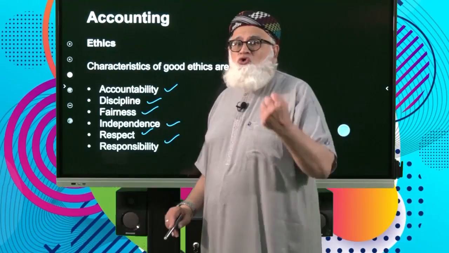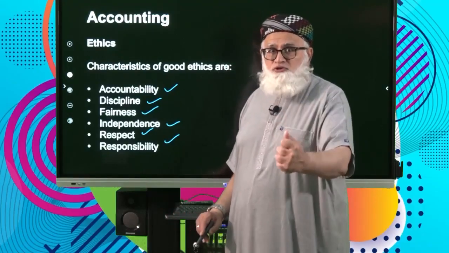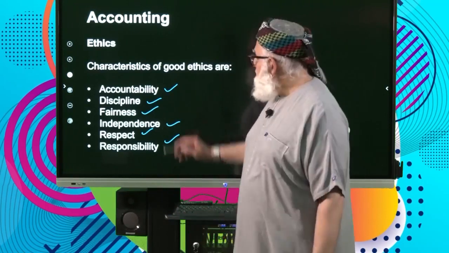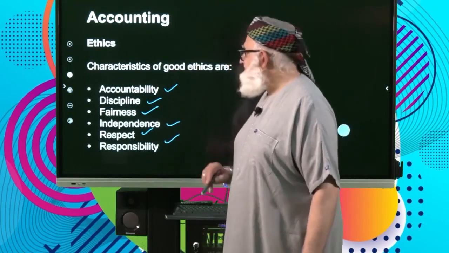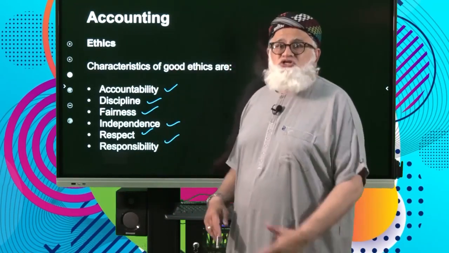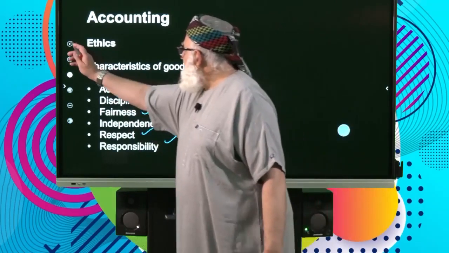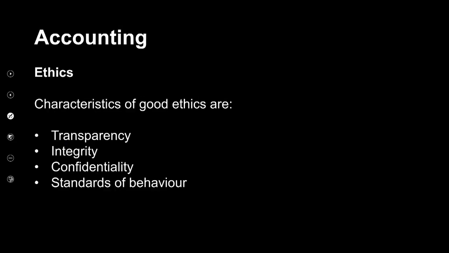Think about your own life. In order to lead an ethical life, you need to have these characteristics in your life as well. So this applies to the accounting part of ethics as well. Remember what else? Transparency, integrity, confidentiality, and obviously operating standards of behavior.